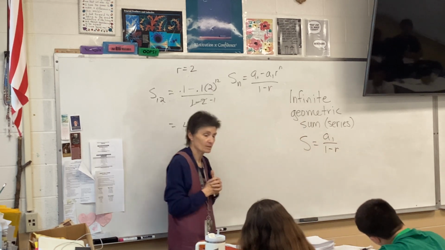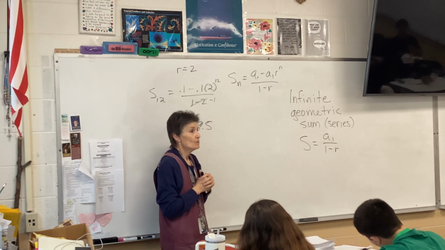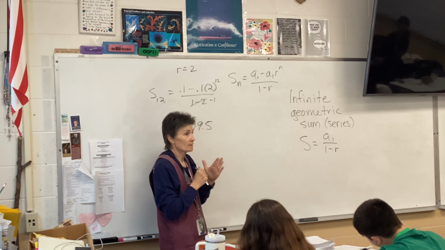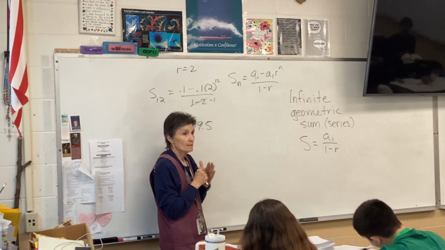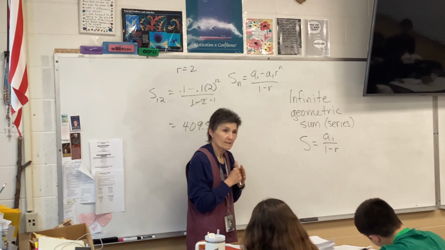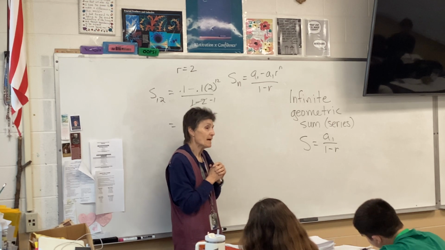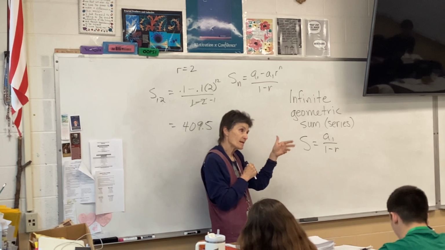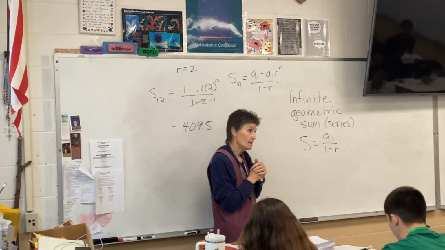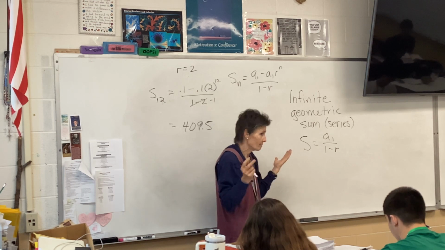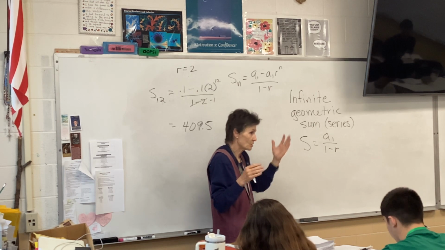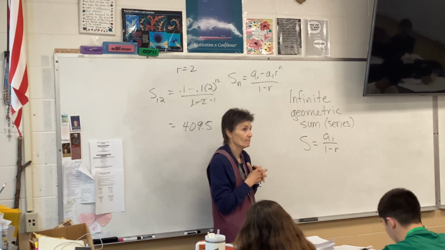Done. That's all there is to it. Notice that it's the only formula that doesn't have an n. That's because n stands for the term number, and if you're infinite, you don't have a number. It just keeps going forever and ever.